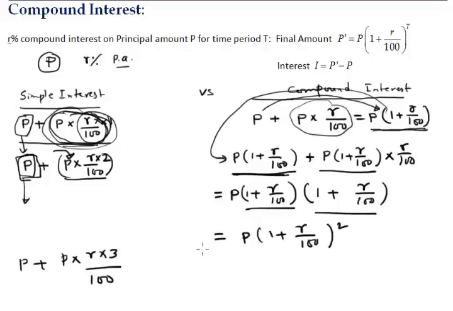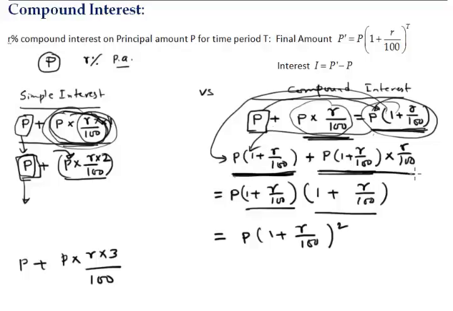But for compound interest, initial principal amount plus first period's interest, that is first 1 year's interest, is the total amount at the end of first year or first period, and that becomes the principal amount. So interest is compounding, that becomes the principal amount in the next year. So this is the principal amount at the beginning of second period, and then over the second period the interest amount is this. So we are getting P times 1 plus R division 100 squared.